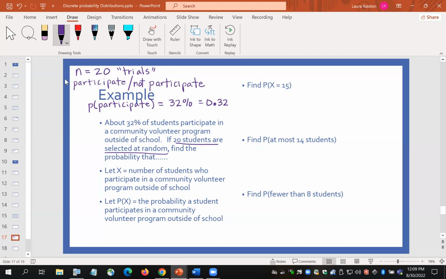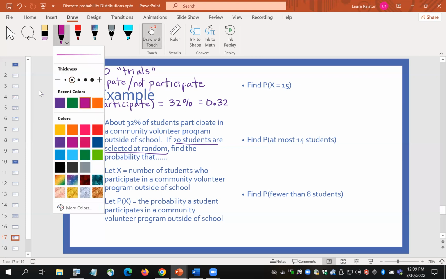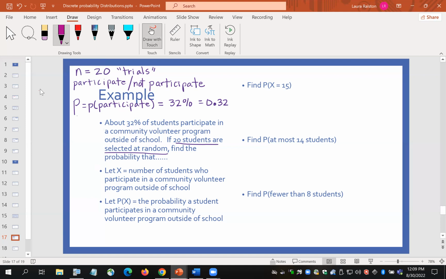The only other thing you might want here, remember probability of participate is success, so that's p. The other piece that you may want or need is q, which is the probability of failure, or in this case, that they don't participate.